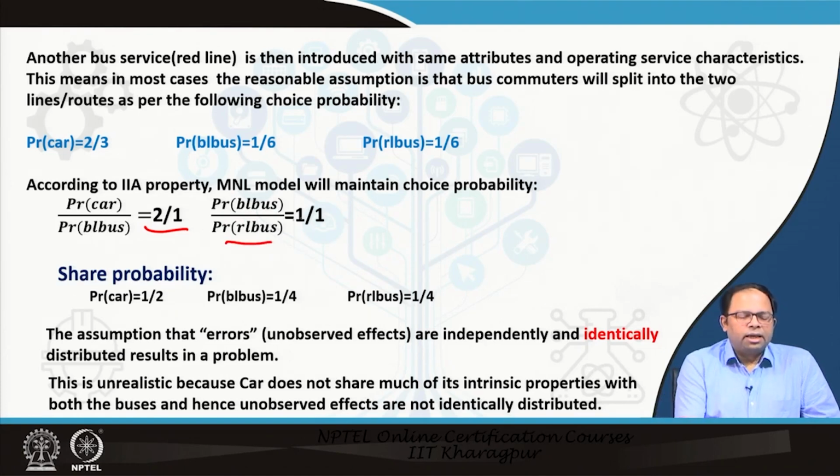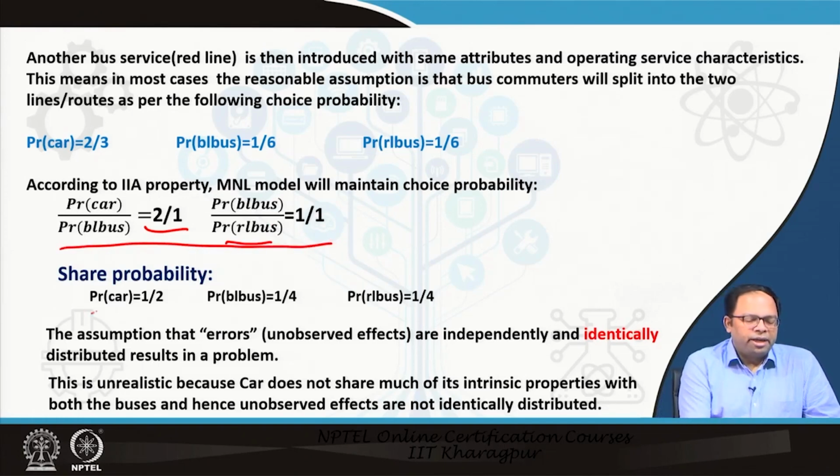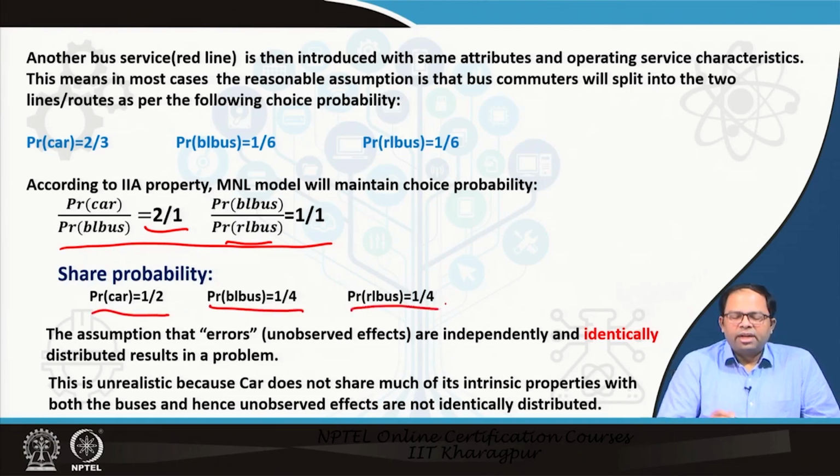If I take this as the base to estimate the probabilities of my three options, the probability of car becomes 1/2, blue line bus becomes 1/4, and red line bus becomes 1/4, which is a mistake. You can understand that the probability of car is unnecessarily reduced from 2/3 to 1/2. Why is this happening? Because we are assuming that the errors, or the unobserved effects, the epsilon terms, are independently and identically distributed for all the different modes, and this is the result of this particular problem.